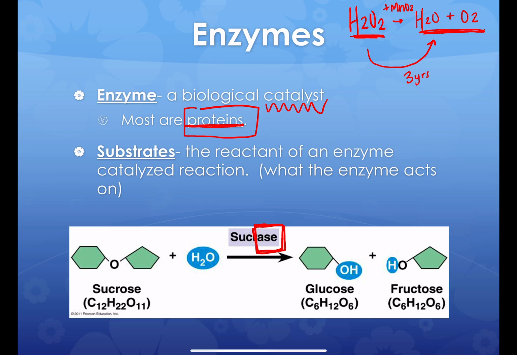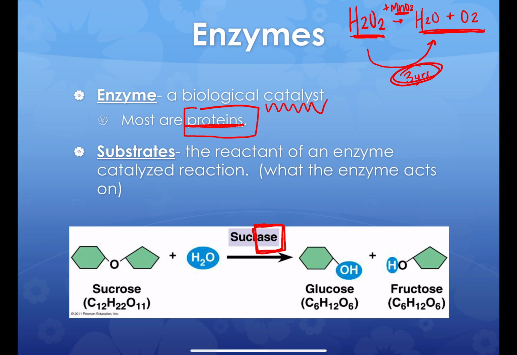If you add manganese oxide to this chemical reaction, it'll break down hydrogen peroxide to water and oxygen like immediately. Okay, and so that's a catalyst. It causes this reaction to happen faster. Okay, naturally it'll happen, but it'll take a long time. But if you add this catalyst, it'll do it immediately. Okay, it speeds up the chemical reaction. And so that's what an enzyme or a catalyst does. It speeds up a chemical reaction to make it happen faster.